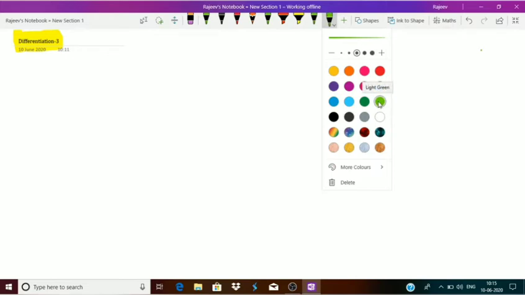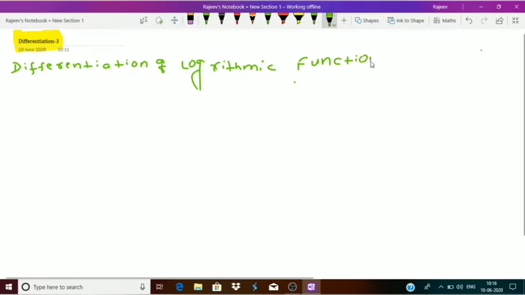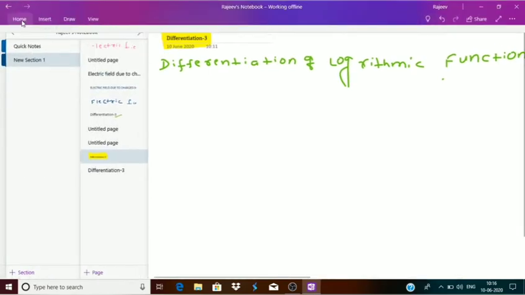So just see one by one. I'm going to write here: differentiation of logarithmic function. Differentiation of logarithmic function. So first of all, just hold one minute.